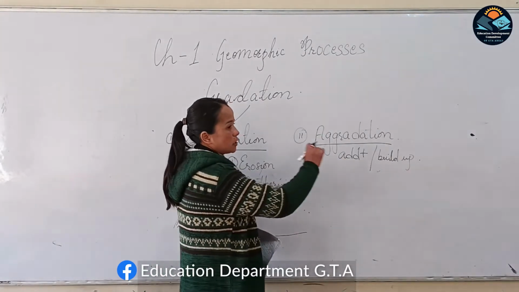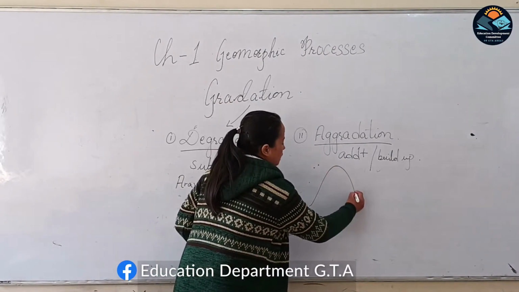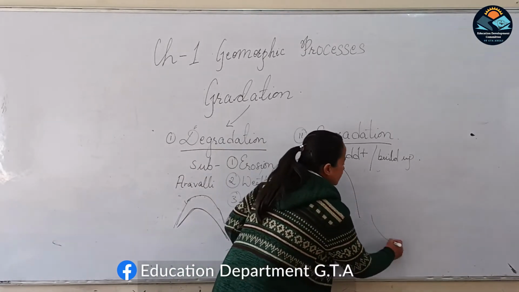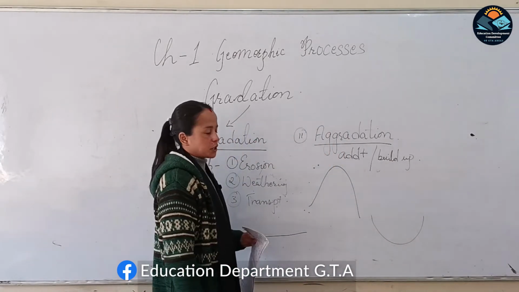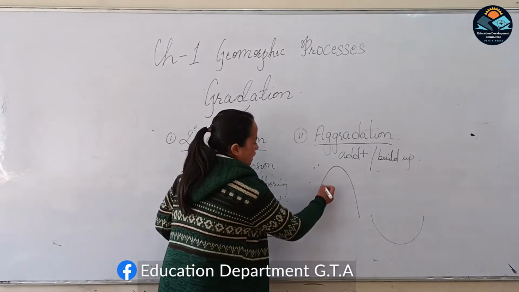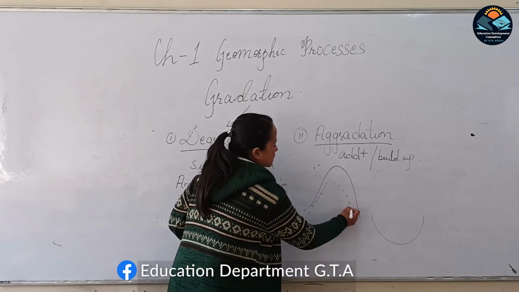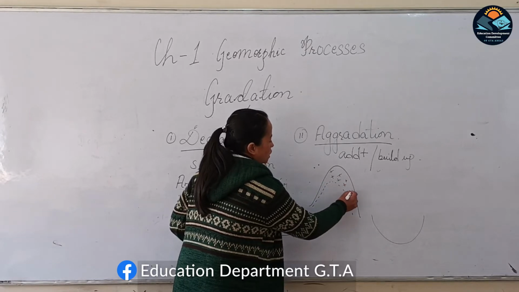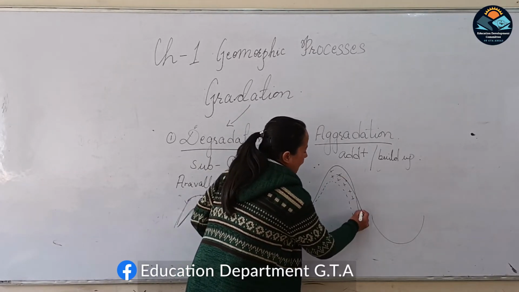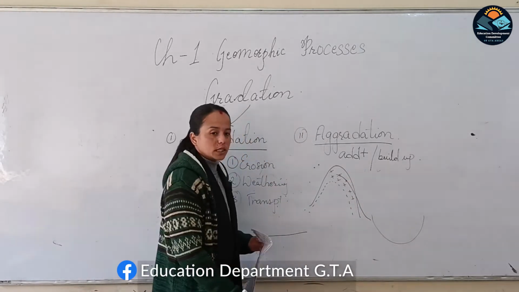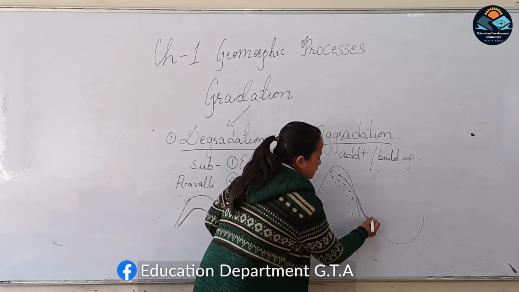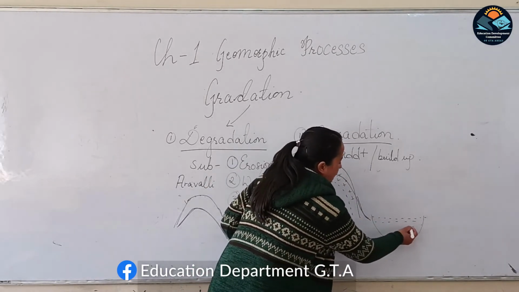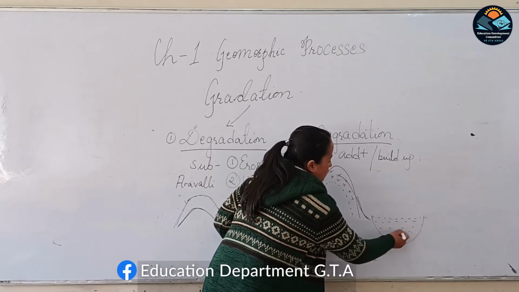Okay, so I told you there are uplands. Earth is full of unevenness. In some places there are highlands, and in some places there are depressions or lowlands. So the height of these highlands is decreasing. The material which is being eroded away or weathered away is being carried by running water, wind, and glacier, and these materials are being deposited in the depressions, and the depressions are being filled by the weathered material.